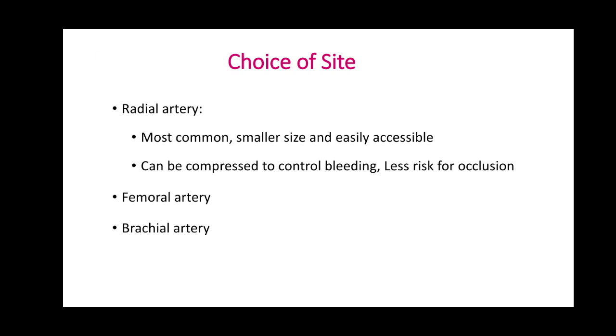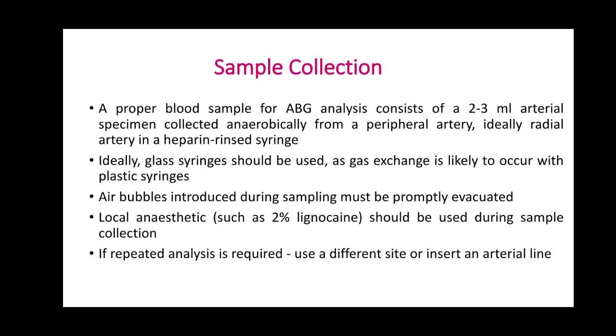So for the sample collection, the choice of site will be radial artery, femoral and brachial. And the procedure of sample collection: a proper blood sample for ABG analysis consists of 2 to 3 ml arterial specimen collected anaerobically from a peripheral artery, and ideally glass syringes should be used, and no air bubble should be introduced during sampling.